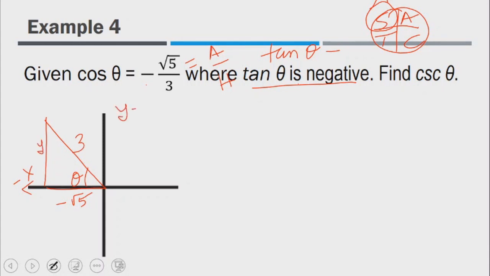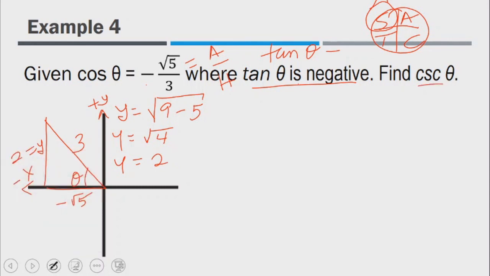So we need to find this distance y. Using the Pythagorean theorem, y is going to be the square root of 3 squared, which is 9, minus negative root 5 squared, which is just 5. So y will be the square root of 4. Since we are dealing with the positive y direction, y is going to be 2.